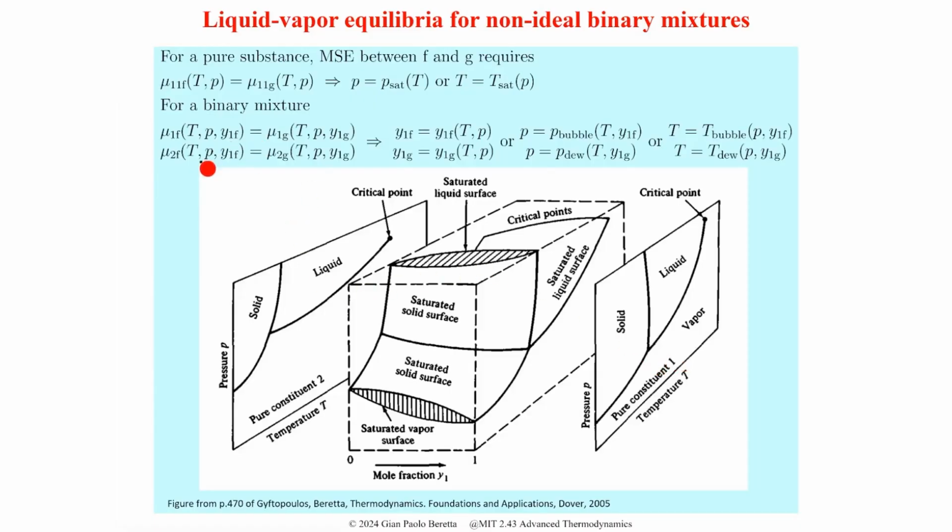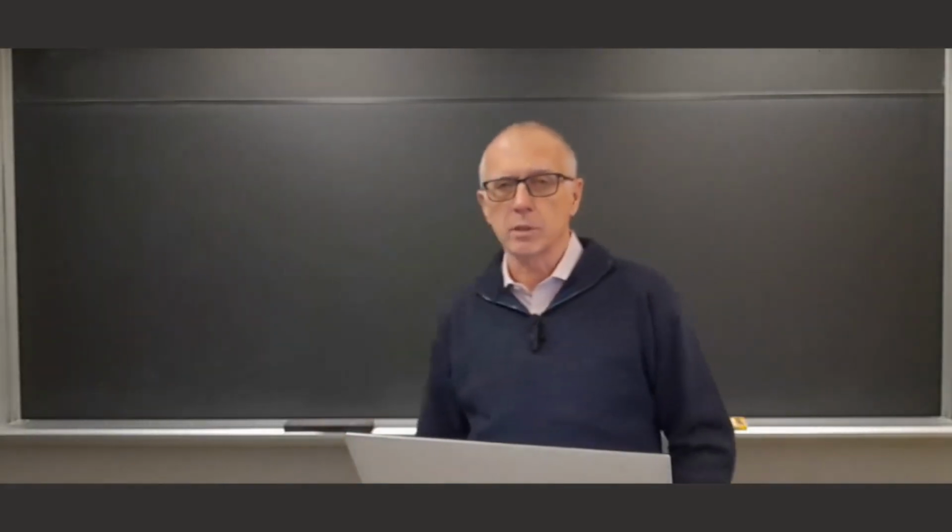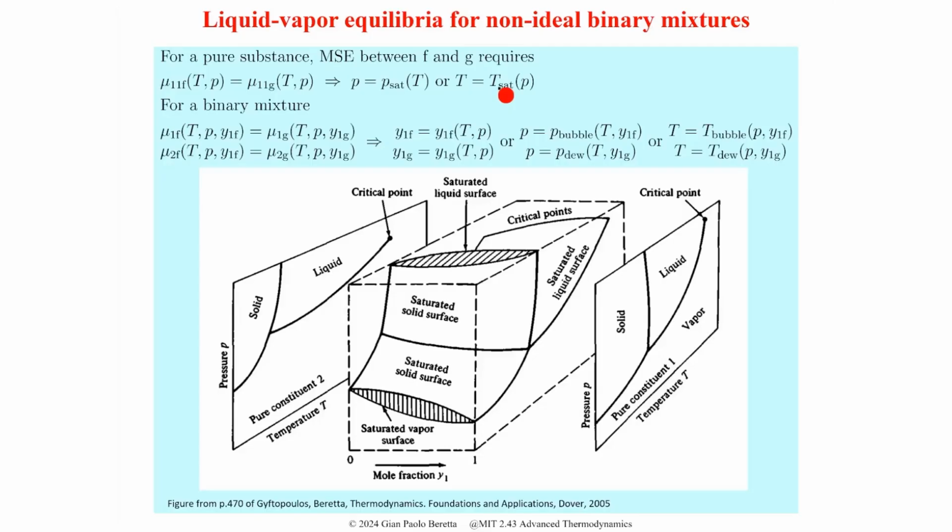So this summarizes, for example, for a pure substance, when you have the two phases in mutual equilibrium, like liquid and vapor, the equality of chemical potentials for the pure liquid and the pure vapor gives a relation between pressure and temperature, which we call Psat, or the inverse function is Tsat. That's what you find in, for example, the steam tables for water, or every other substance. It establishes the boiling point at a given pressure.